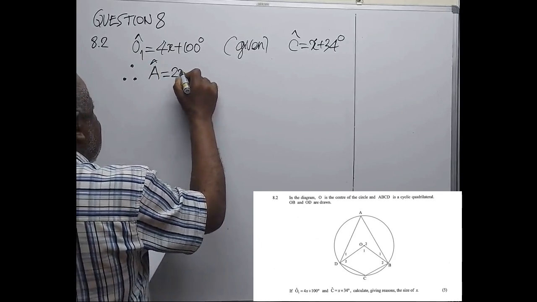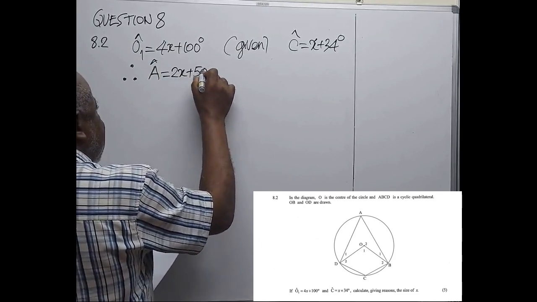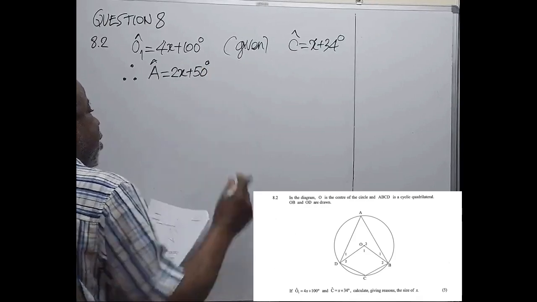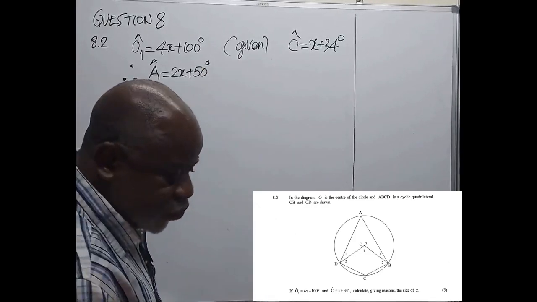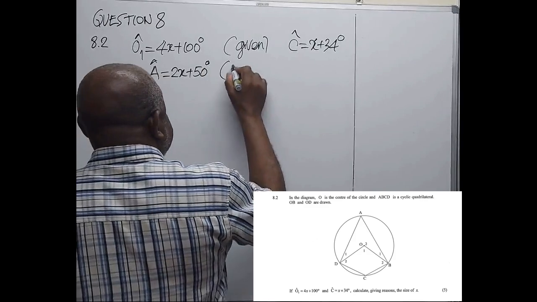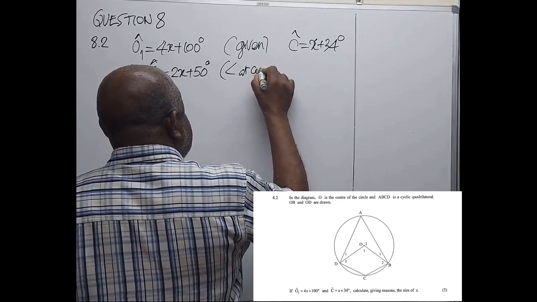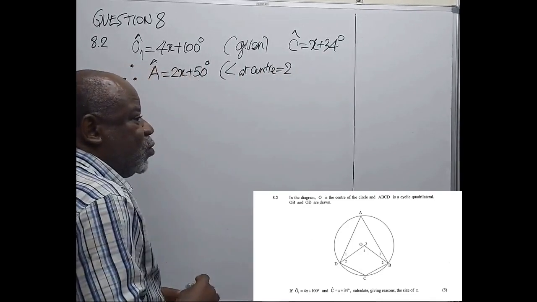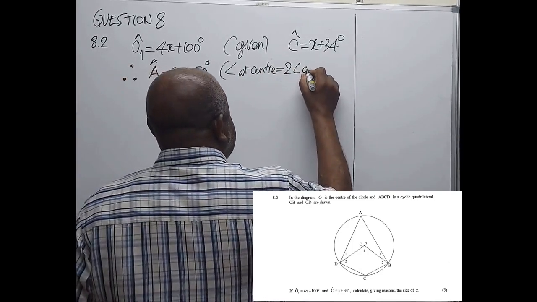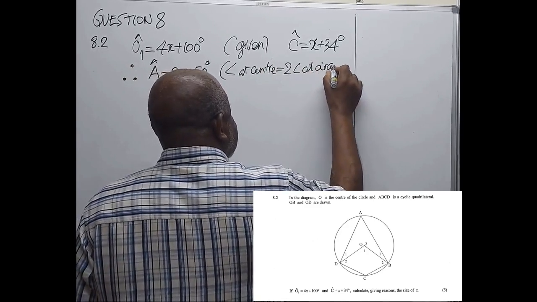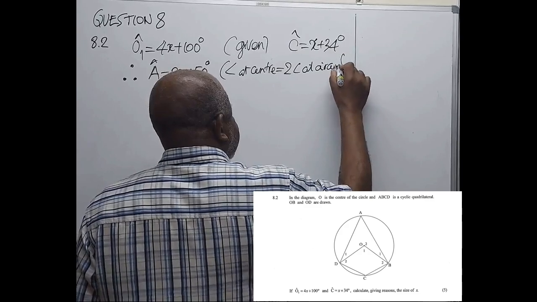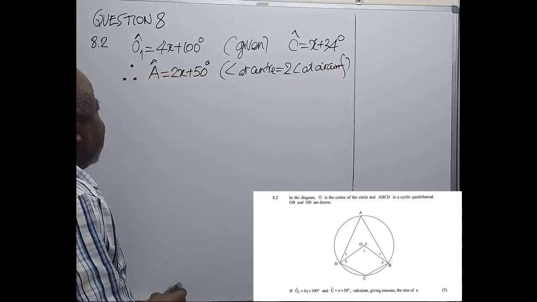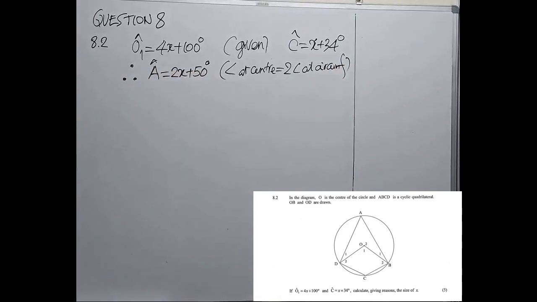So it will be 2x plus 50 degrees. And the reason is, as I was saying, angle at the center is equal to twice angle at the circumference. This is the reason.